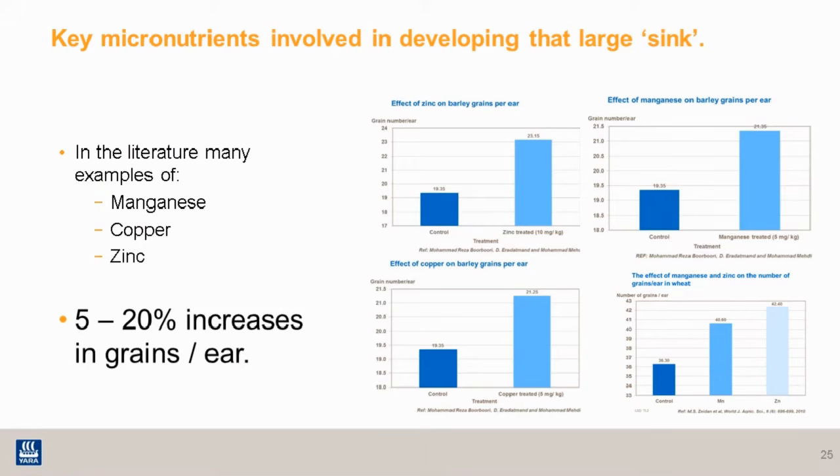So again, if we want to build and develop that sink that we want our photosynthesis to then fill, then there are some critical nutrients mentioned there towards that. So think about that in terms of whether any of those in your system are deficient.